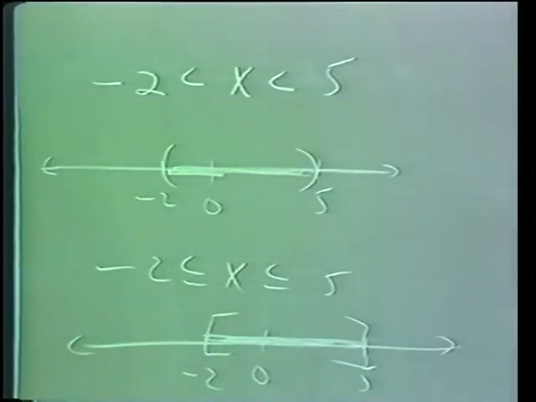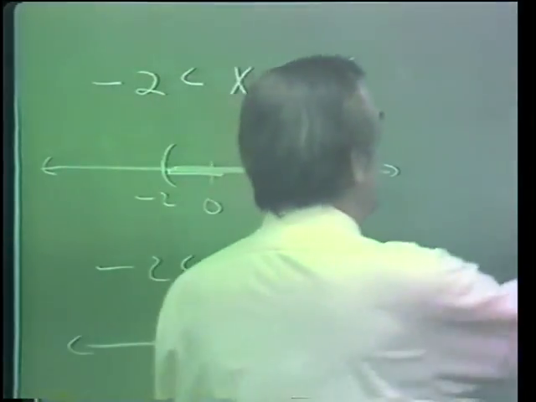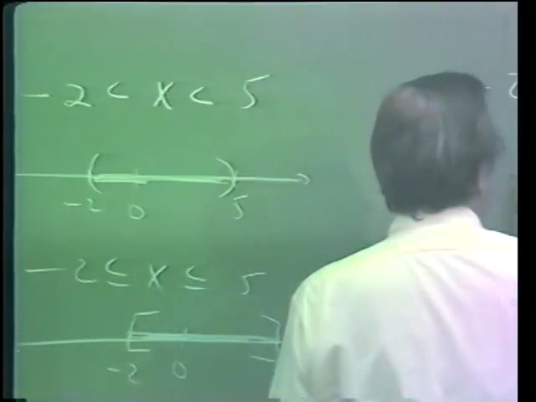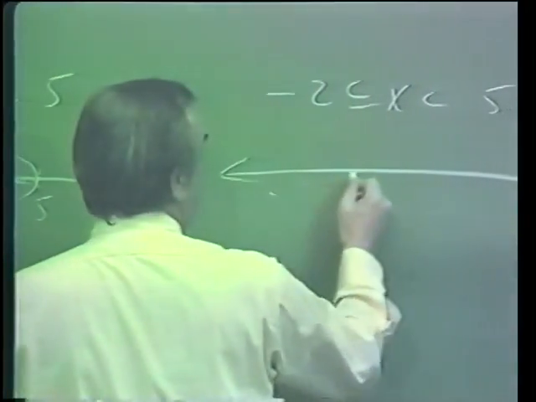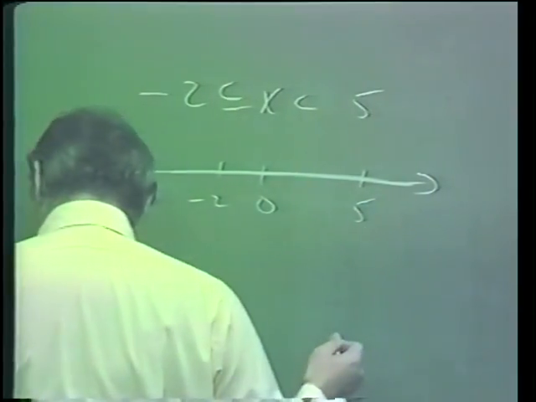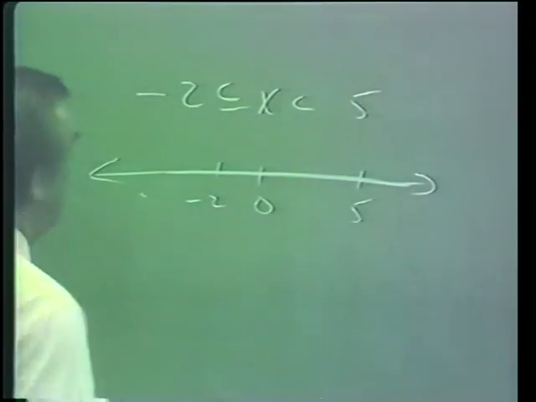We're going to put a bracket at -2 facing to the right, a bracket on 5 facing to the left. We're going to darken in everything. Okay?